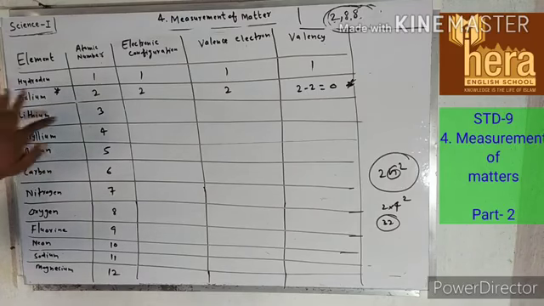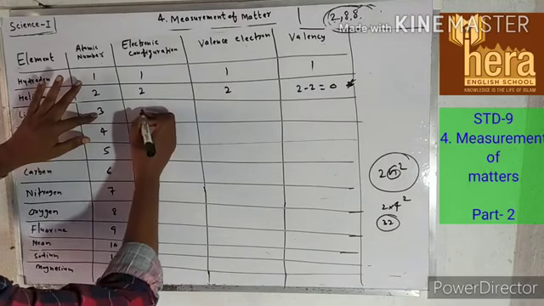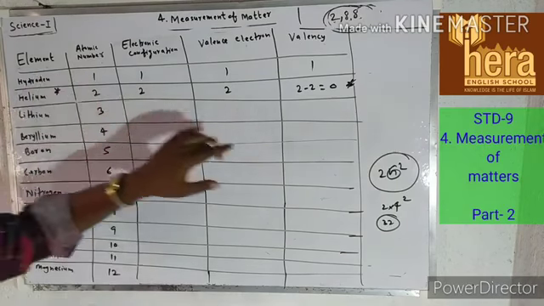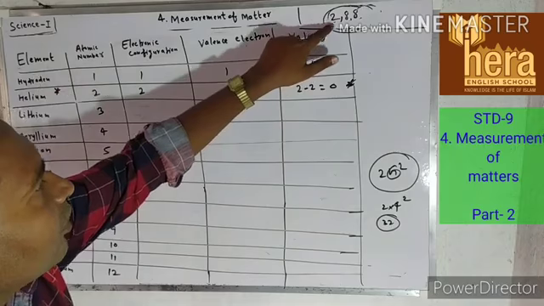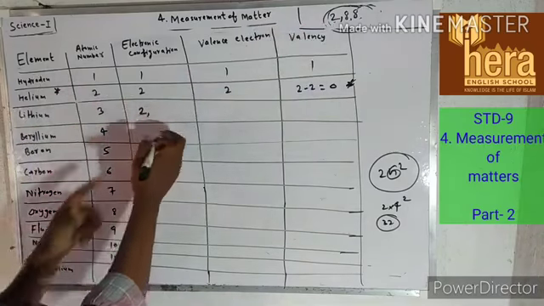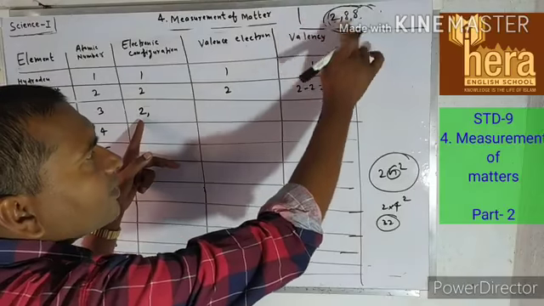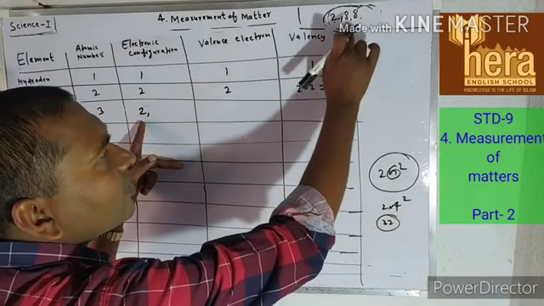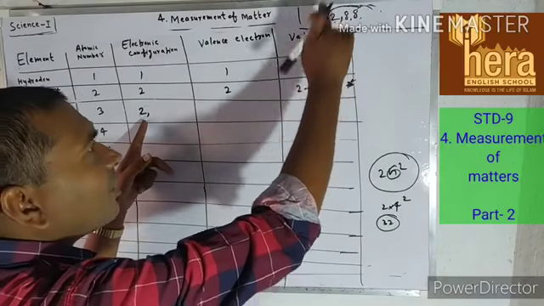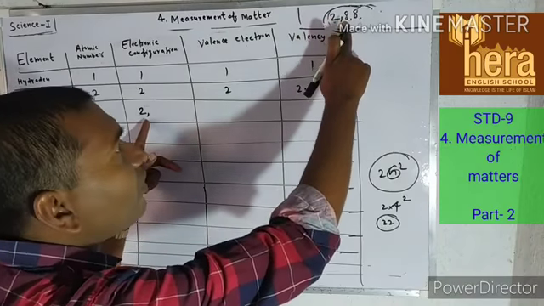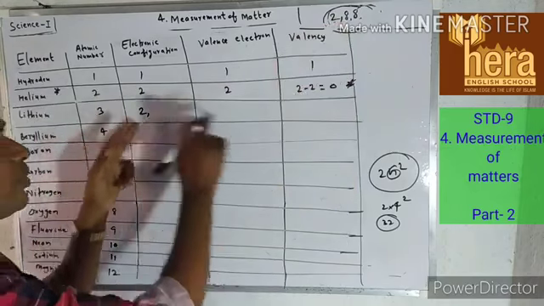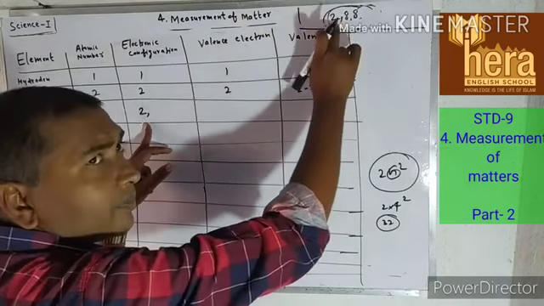Lithium, atomic number 3. We can't write electronic configuration 3. You have to write electronic configuration like in first orbit maximum 2 electrons. So write here 2 electrons. Now 1 electron will be going to the next orbit. This is first orbit, this is second orbit, this is third orbit. First orbit maximum 2 electrons can stay. Second orbit has capacity of 8 electrons, but you have only 1 electron because 2 are already put in orbit number 1.